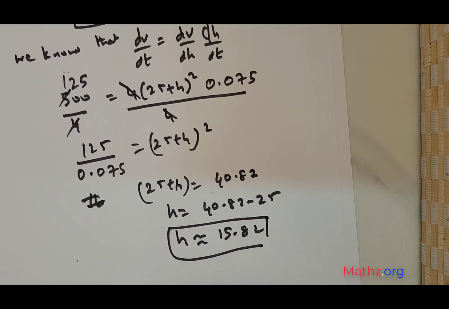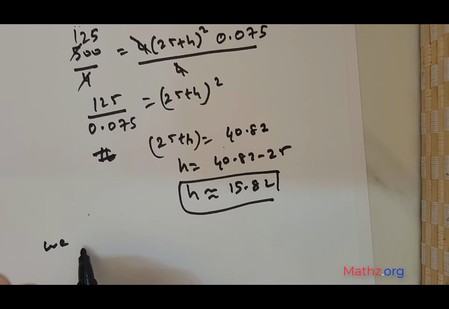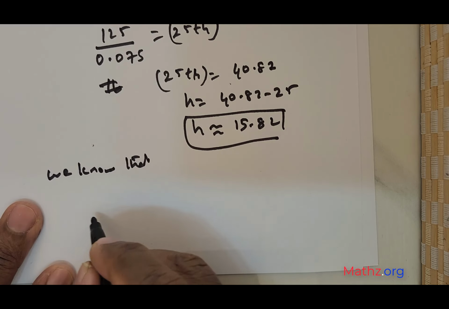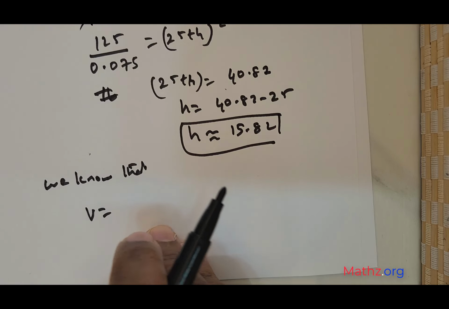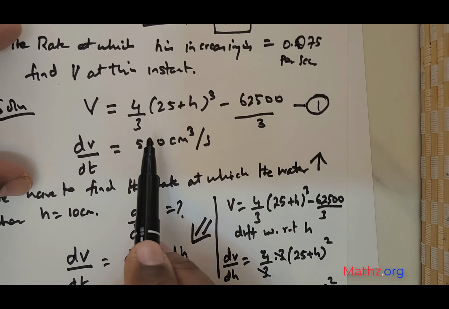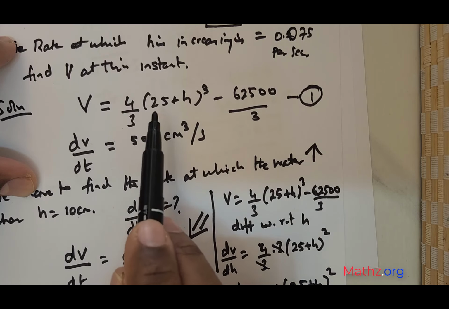So now we need to get the volume. What do we know? Let me write that down. We know that V is equal to, so what is the initial given expression for V? This has been given, so utilize this.